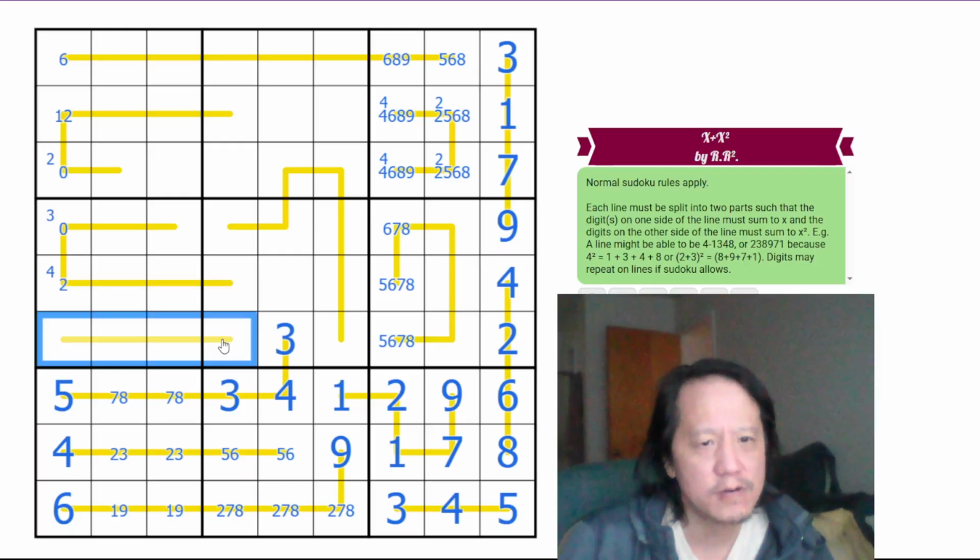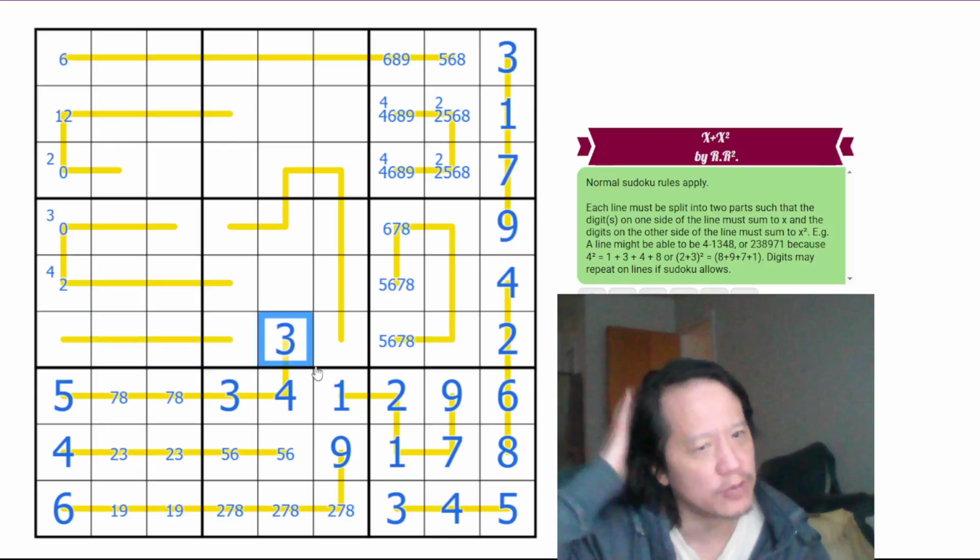And the only way you can have 4 on either end, you can't have 1, 3 because of the 3 already in the row.